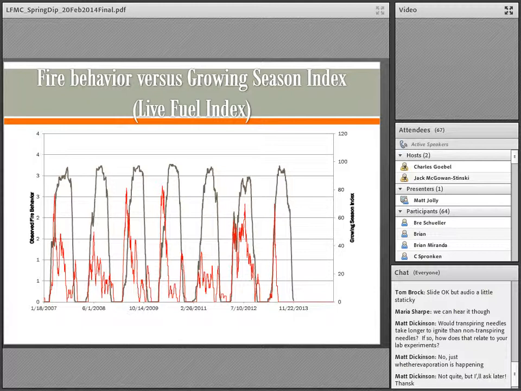And you'll see that as the growing season starts, so does the fire activity. Nearly every single occurrence. So the nice thing about this is it means that maybe we can actually predict when these conditions are going to start getting worse just by monitoring the weather and the fuel.